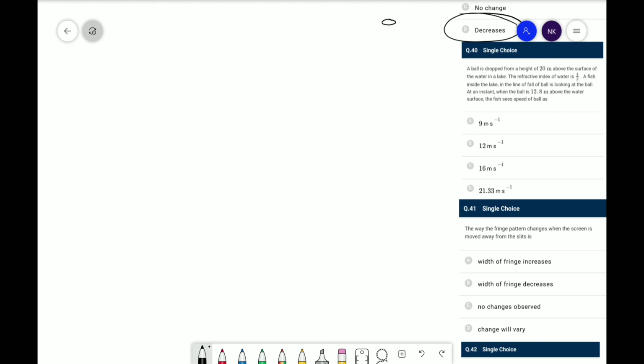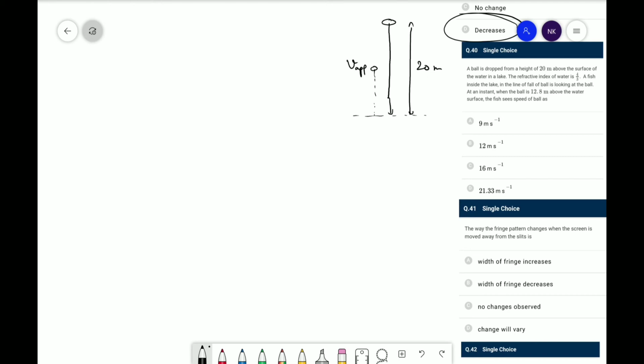Consider a ball dropped from a height of 20 meters. When the fish looks at the ball, suppose the speed of the ball is v, which is apparent.